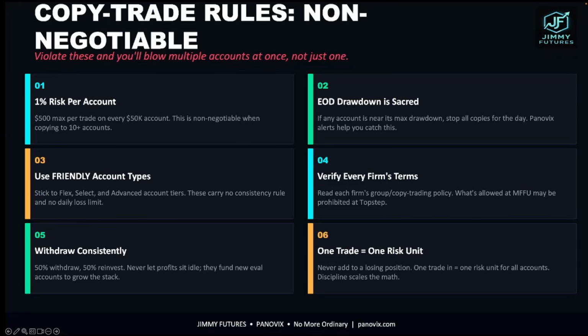1, max 1% risk per account, period. That's the max. And the reason that I say 1% is if you have a 50% win rate, and it's a system-based, rules-based entry system, okay? You have very specific rules that you look for, it has to check down the list, all that kind of stuff.